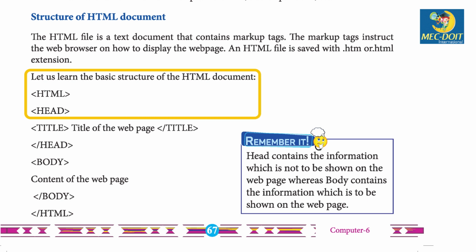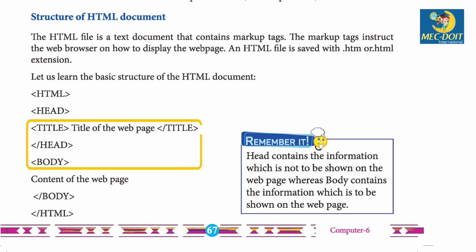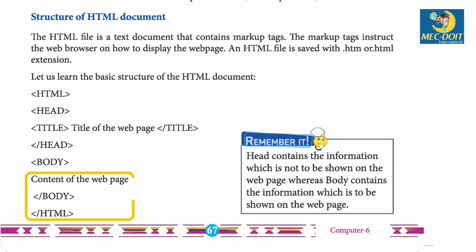HTML, head, title, title of the web page, title, head, body, content of the web page, body, HTML. Remember it, head contains the information which is not to be shown on the web page, whereas body contains the information which is to be shown on the web page.